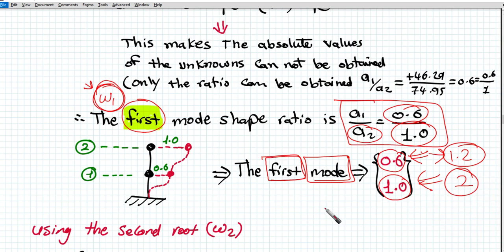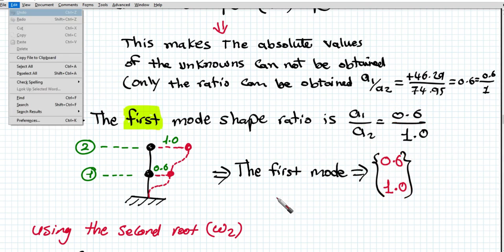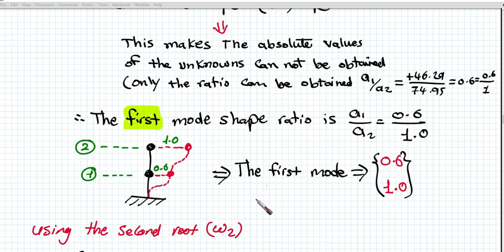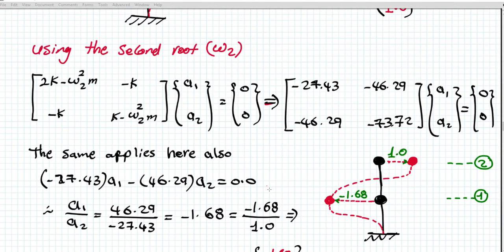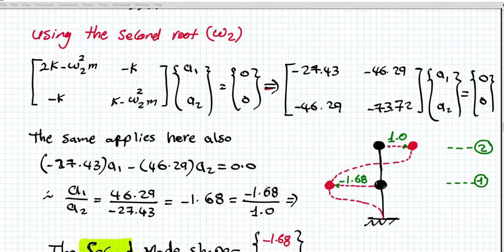Okay, so now let's go to the next part, which is the application of omega 2 and repeating the same procedure again. So here we have the second root, which is omega 2.